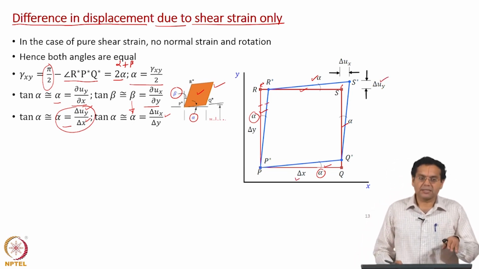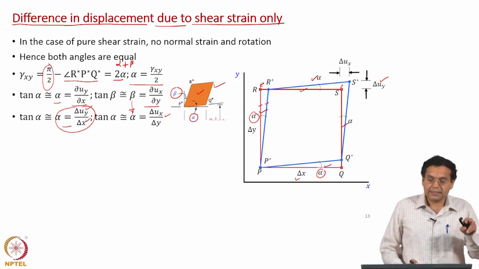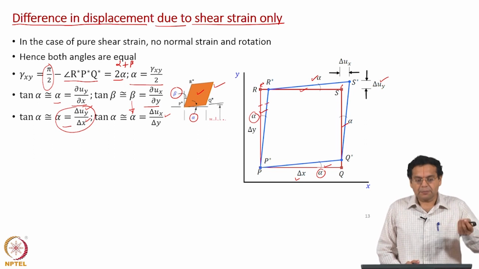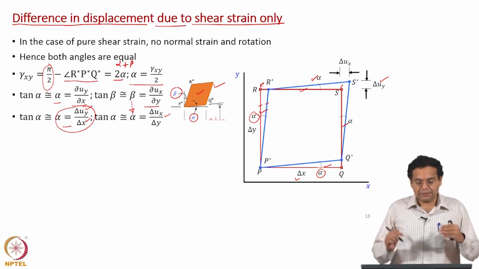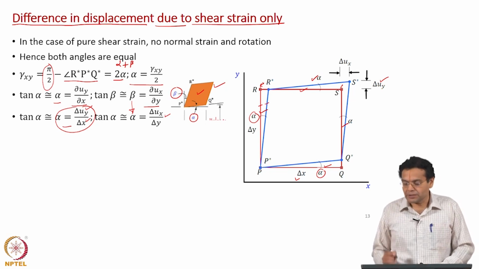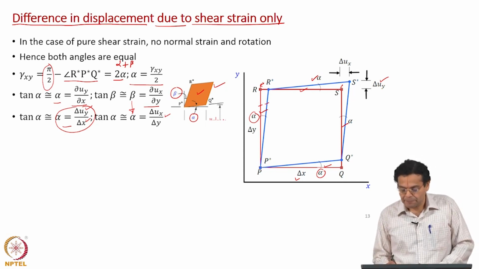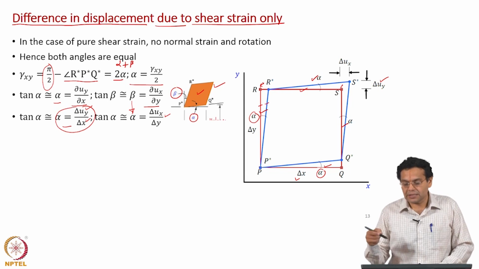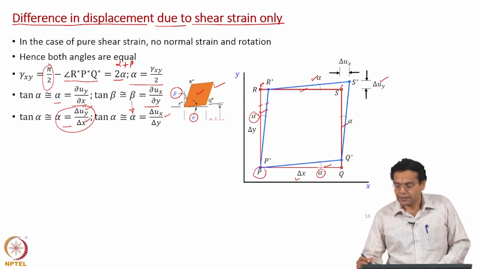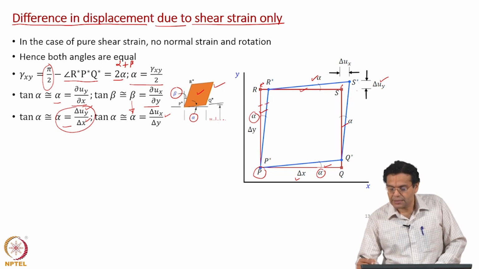What does this relationship tell you? It relates alpha to the difference in y displacement for two particles which are separated delta x away. That is what we have here also. Once again, as in the last example, the difference in displacement is related to the point P, and that is why s to s star is the displacement, but denoted here as the difference in y displacement.